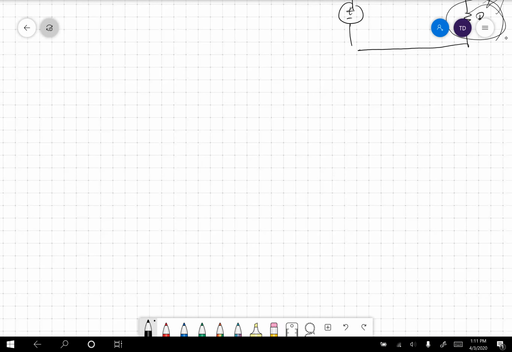So let's apply the concepts to circuit analysis. Here's what I'm going to tell you. This is the basic process that we're going to use when we do circuit analysis. So let's recall what's going on.